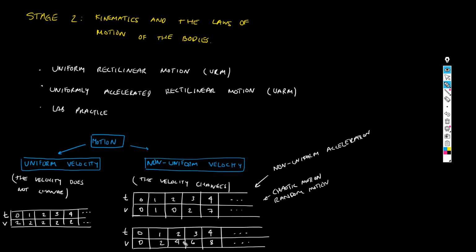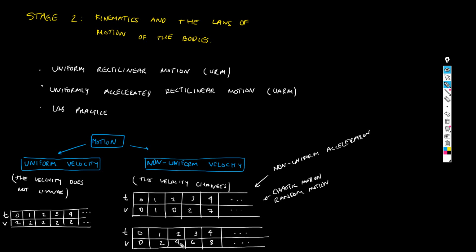So as you can see in this table, every single second that goes by, the velocity is changing also. It's becoming greater and greater, but always in the same way, by the same amount, which is 2 meters per second. At time 0, we have 0 meters per second. At time 1, we have 2 meters per second. At time 2, we have 4 meters per second, and so on.